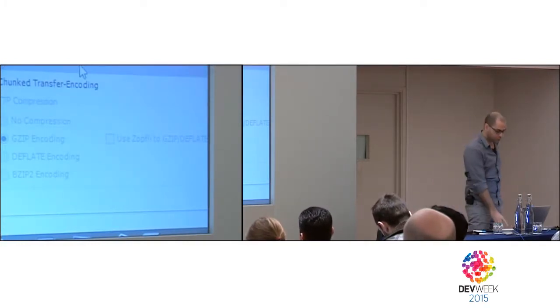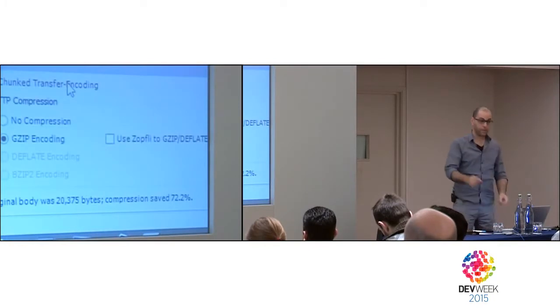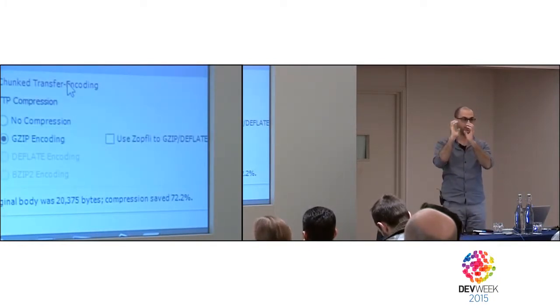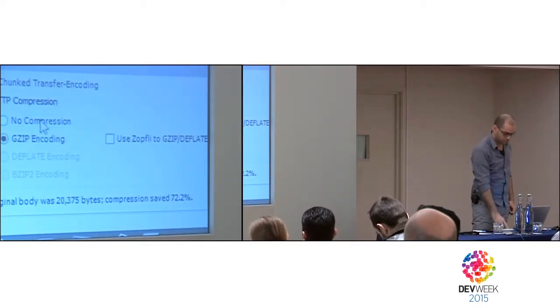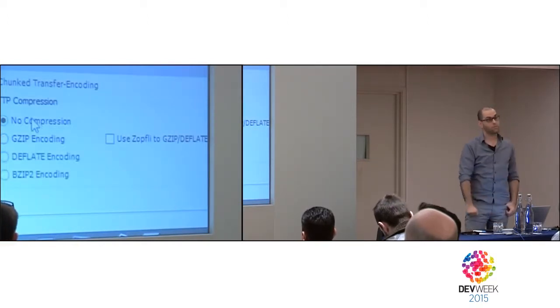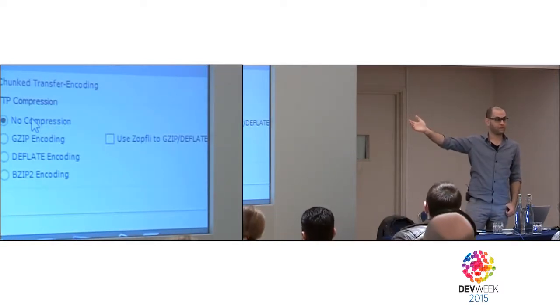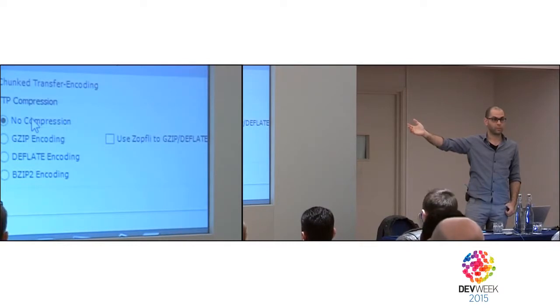Now, if I undo the chunk, it will be a bit smaller because I don't have those values in the body that say here's a chunk that is 100 bytes. But if I remove the compression, I can also see how much I actually saved by having this page compressed. Okay, so that was about 5%, right, of the original value, 5 out of 20.